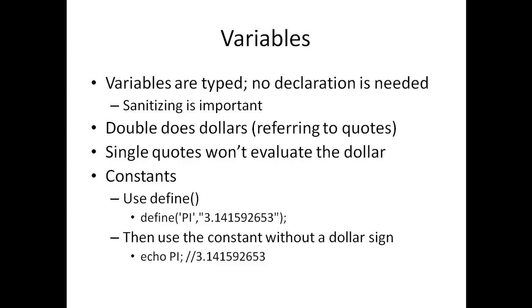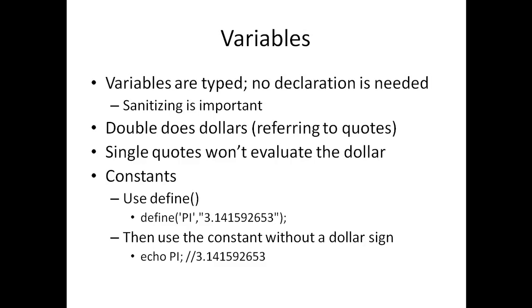A famous phrase from a course I took a long time ago in programming is "double does dollars," and that basically means that your double quotes will interpret the $ sign variables. If you use single quotes, you will get a literal dollar sign and variable name.